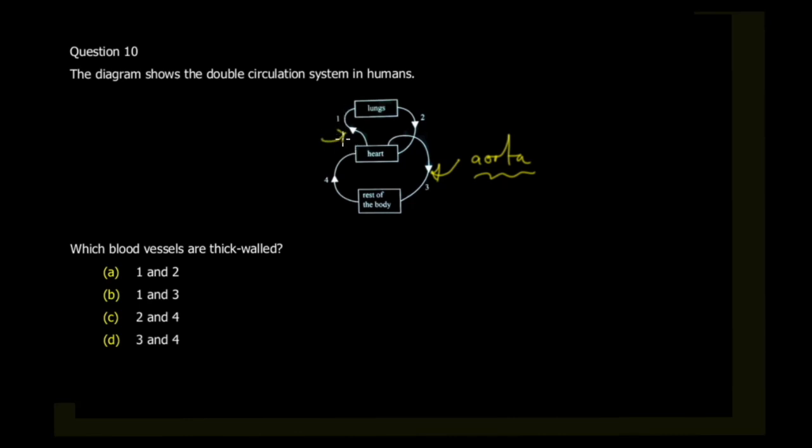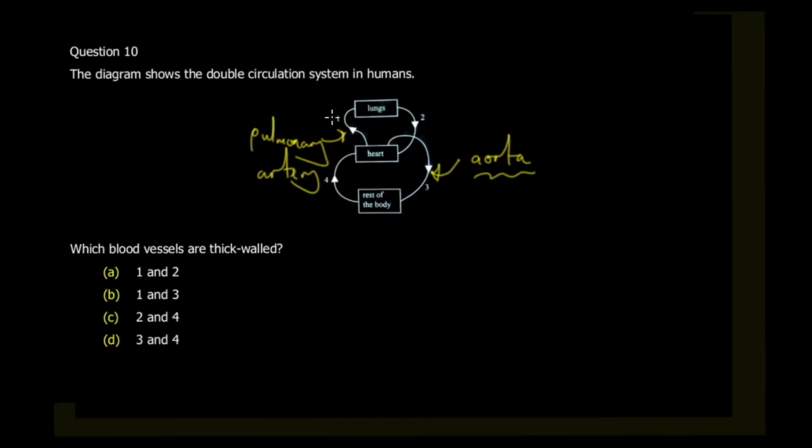It's called the pulmonary artery. So it'd be 1 and 3. Another thing to note is that the pulmonary artery, I think, is the only artery that carries deoxygenated blood.